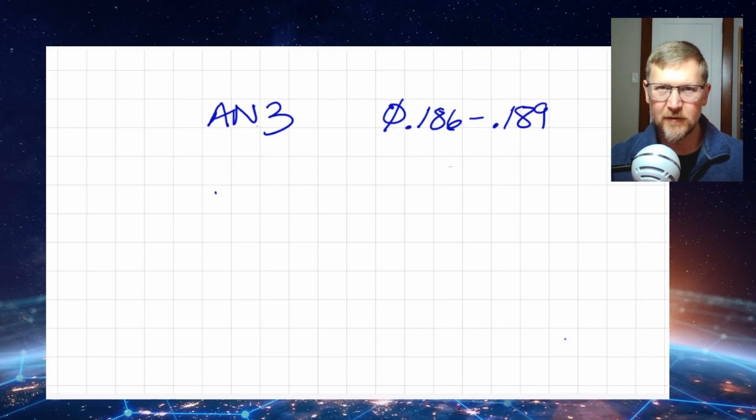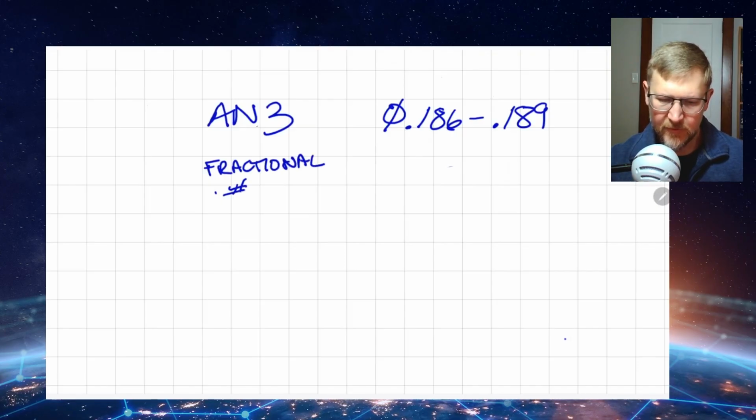You get into space, there's more metric, but there's still a lot of the manufacturing done in the U.S. using the standard fastener sizes. So those will be things like fractional, numbered, and letter bits, right? These are the different sizes you'll see in a drill assortment. If you were to go to the hardware store and buy them, they're all the same sizes.